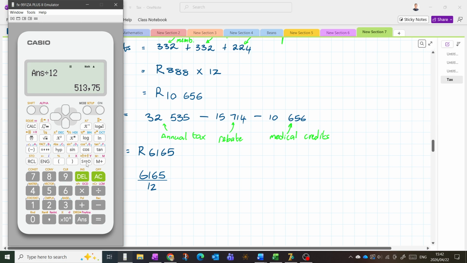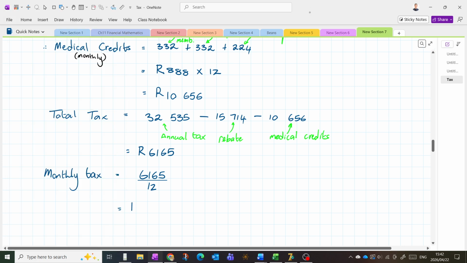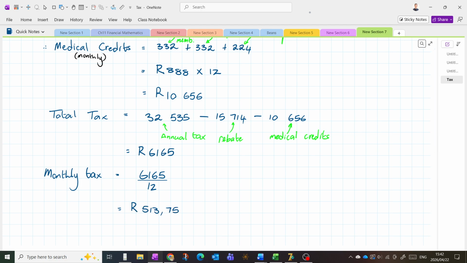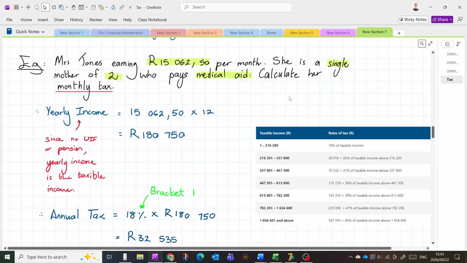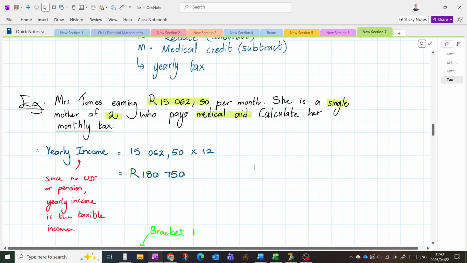And she's going to end up paying 513 Rand and 75 cents in tax. Okay, and that covers this first question. I'm actually going to get rid of this just because I end up scrolling up and down anyway. That covers the first question.